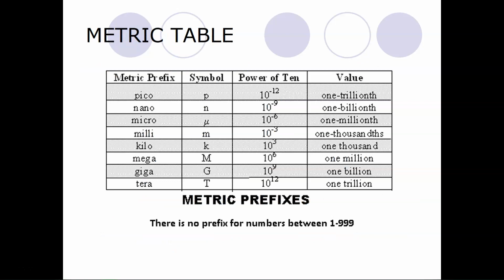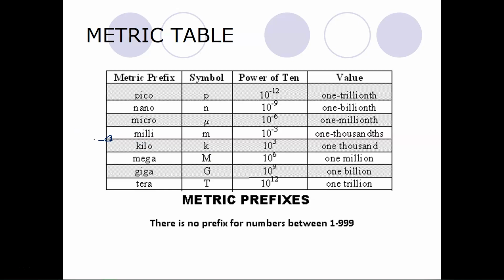So this is the metric table. We have pico, nano, micro, milli, kilo, mega, giga, tera. And I'll tell you right now, between these two, there is nothing that represents numbers 1 through 999. This starts at 1,000. This starts at 1,000ths, so this starts behind the decimal.